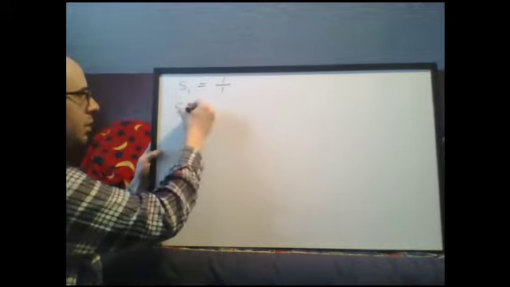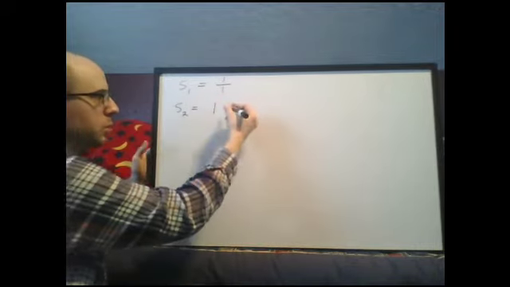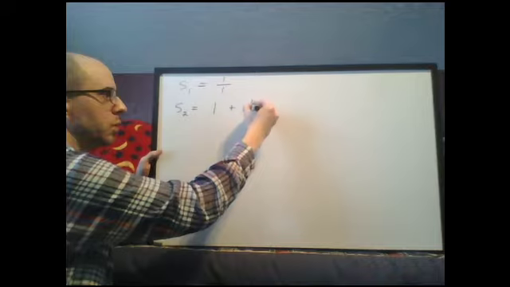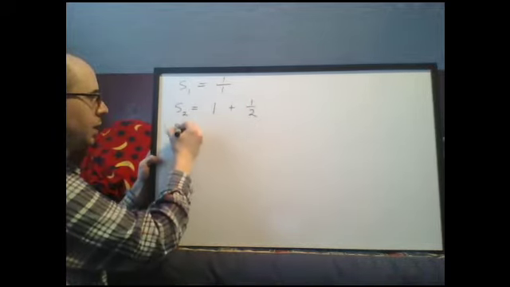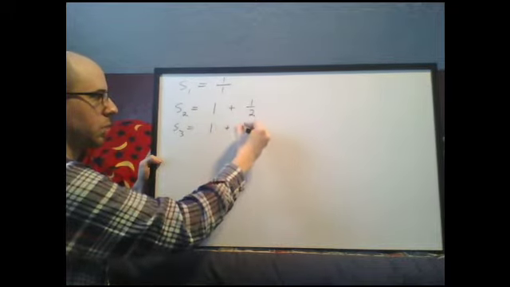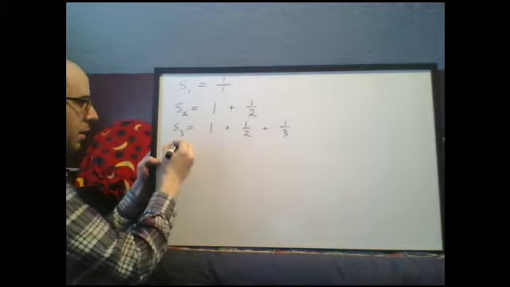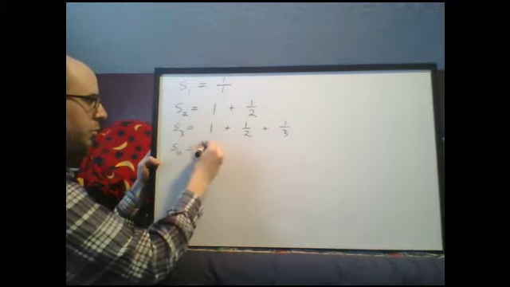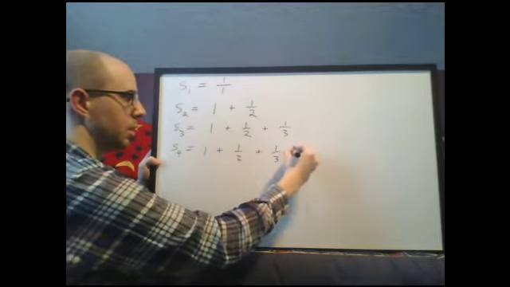S2 is 1 over 1, which is 1, plus 1 over 2. So we take the first two terms. S3 is 1 plus 1 over 2 plus 1 over 3. S4 is 1 plus 1 over 2 plus 1 over 3 plus 1 over 4.